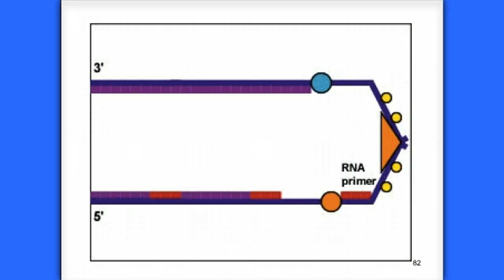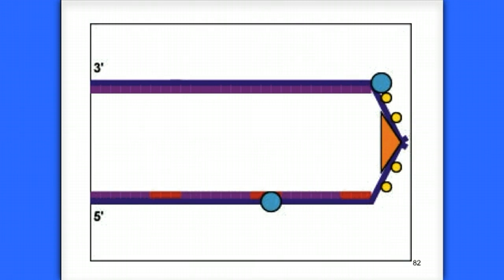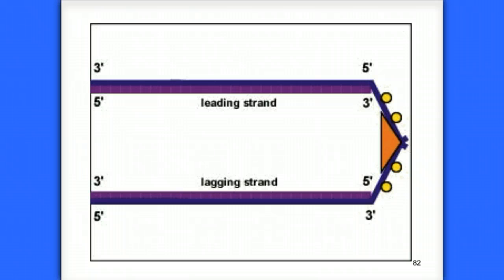It cannot start replication from the 5' end. So once it is attached to the 3' end, naturally the daughter strand formed will be 5' to 3'. That's why we say the continuous DNA strand is 5' to 3', and the discontinuous will be from the other side. True, this was the trick you explained.